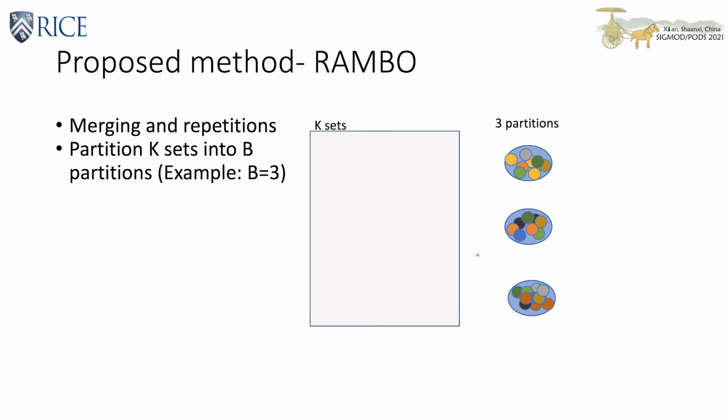Now we can membership test these three sets instead of k sets. But this will return the entire partition instead of the relevant set. Although this is still better than having one by one. Hence, we have narrowed down our search space from k sets to k over 3 sets in just 3 membership checks.